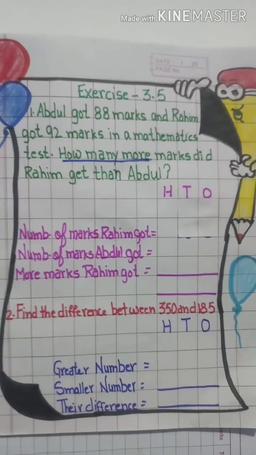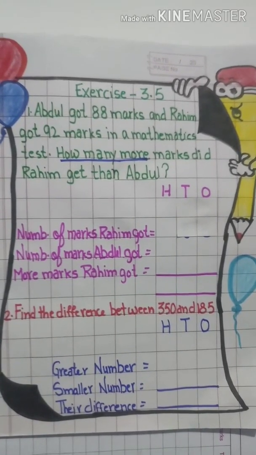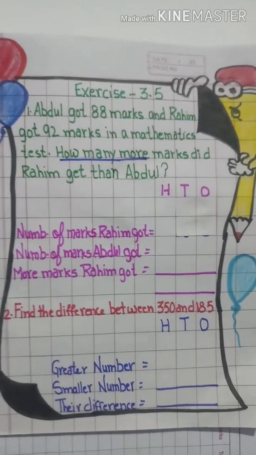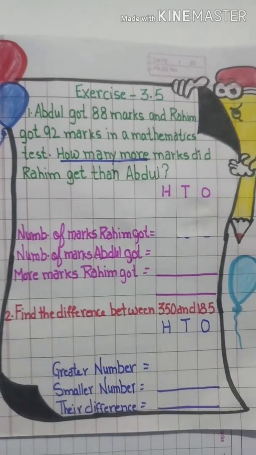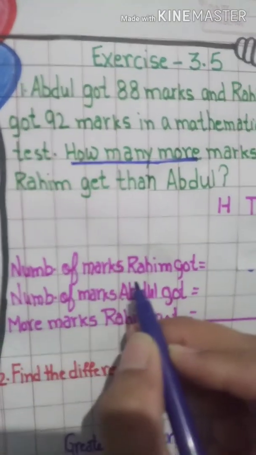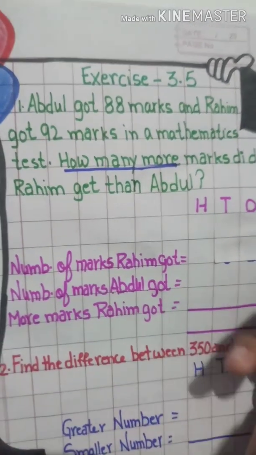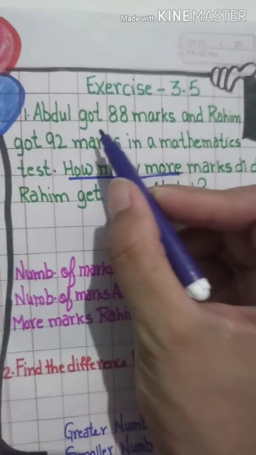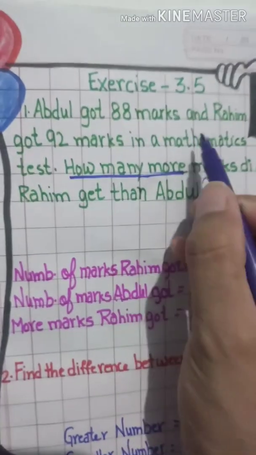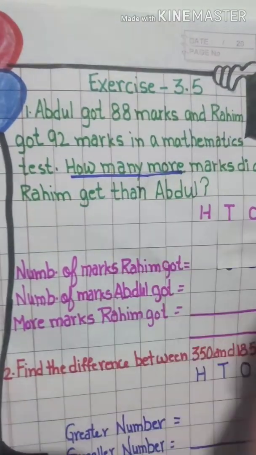Now we have read the statement. After that we will try to write the digits in their places. The first is the number of marks Rahim got. As you can see, Abdul got 88 marks, but Rahim got 92 marks.